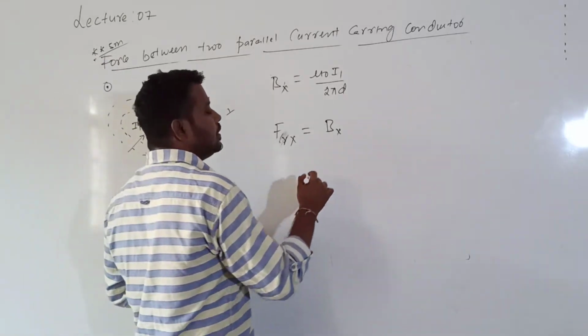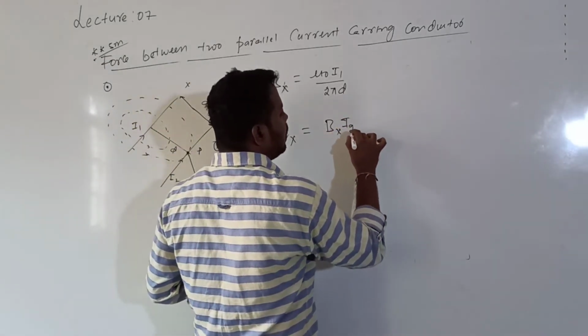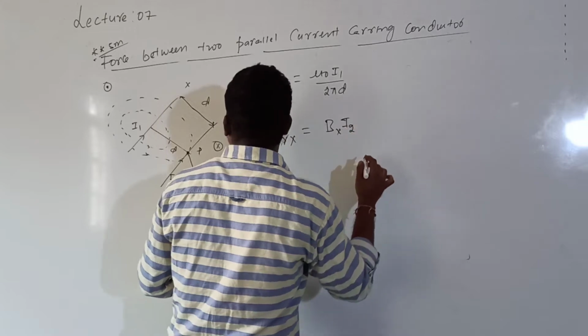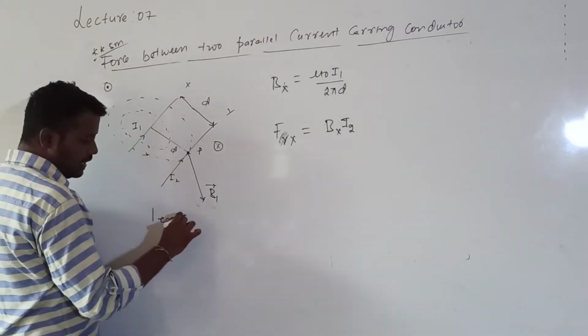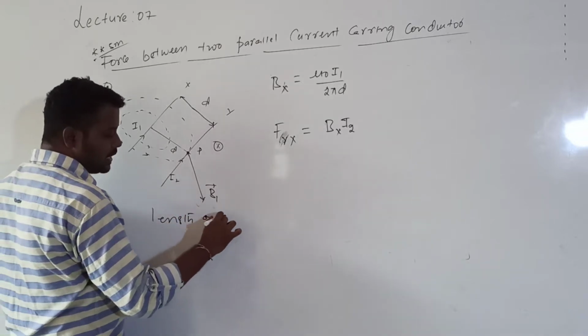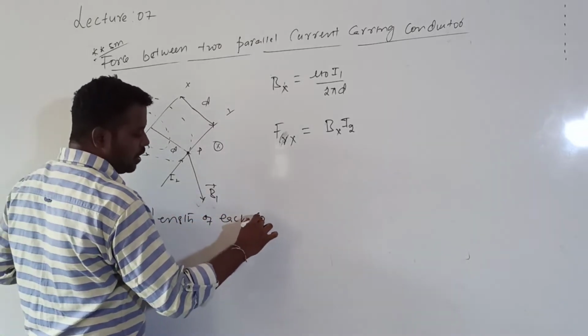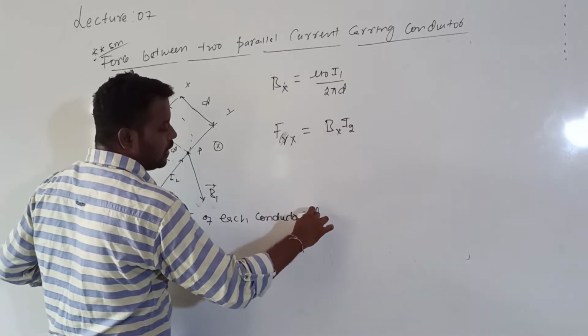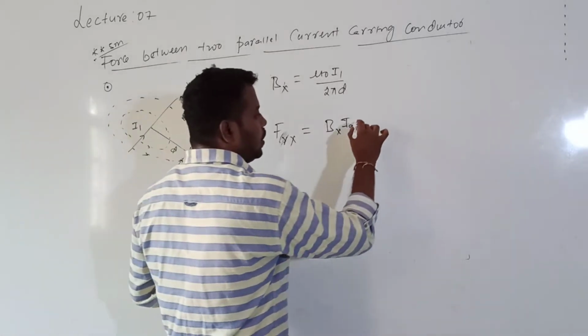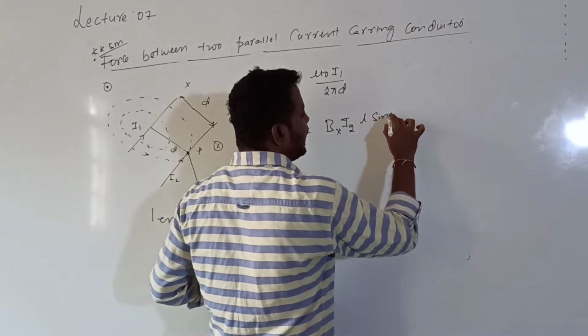So Bx into the current I2 into the length. Can I call the length of each conductor L? Even you can consider it infinite. Each conductor's length I call L. So into L into sin theta.